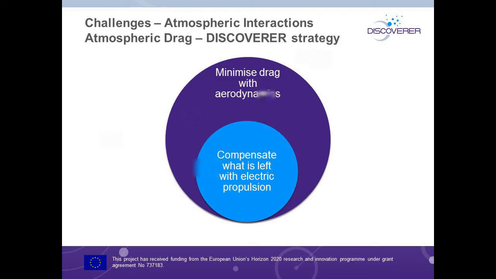We can't eliminate it entirely, that's not going to happen. So you get a reduced amount of drag on the satellite, which we then compensate for with electric propulsion. By reducing the drag through aerodynamics, we make the requirements for the electric propulsion much easier, which is a key aim of this two-pronged approach to addressing atmospheric drag and therefore the shorter lifetimes you get as you go lower.